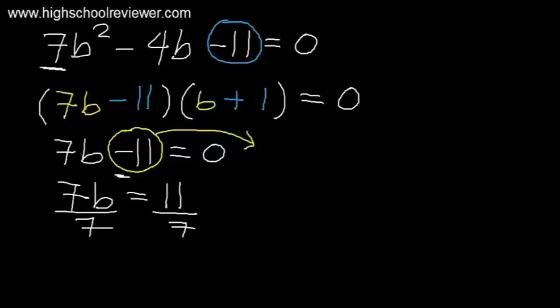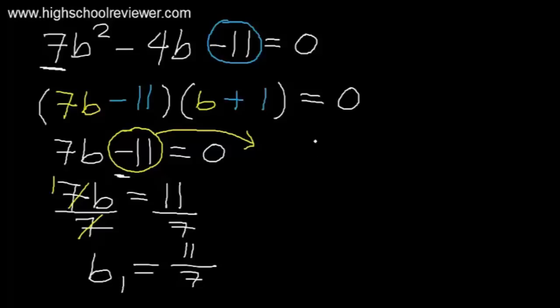So 7 divided by 7 can be cancelled out. This will be equal to 1. And 1 multiplied by b is equal to positive b. And this is 11 over 7. We cannot cancel this out, so this will be our b sub 1.